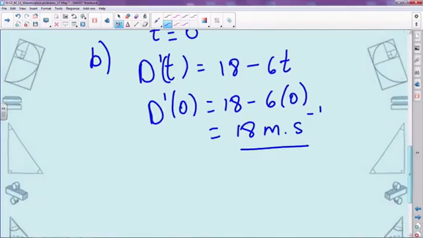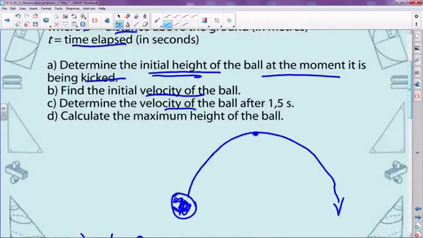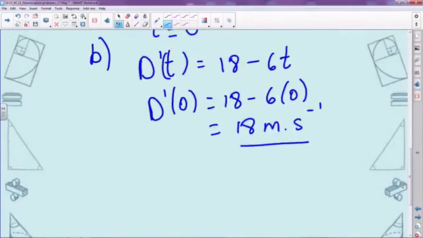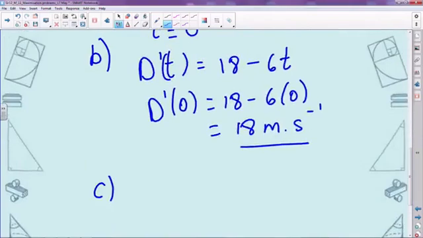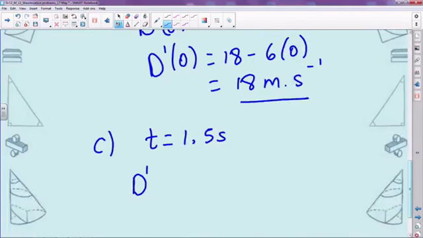Now, for part C, let's have a look. It says determine the velocity after some time has passed, so after 1.5 seconds. Here, once again, because we're dealing with velocity, we're going to deal with the derivative equation. So we've got time is equal to 1.5 seconds, and we're using the equation of the derivative.